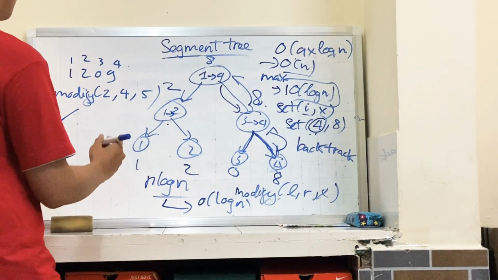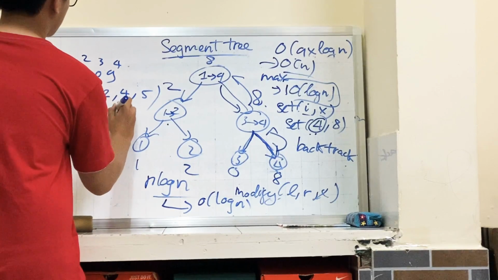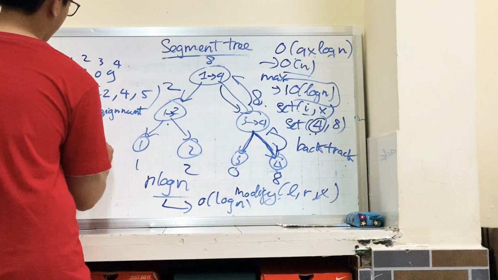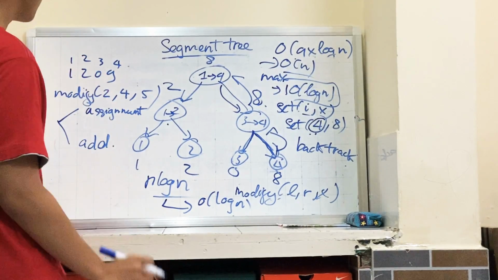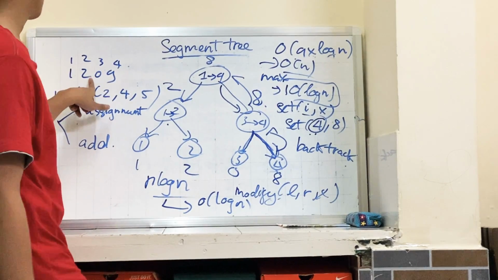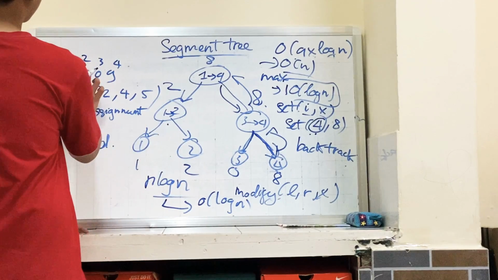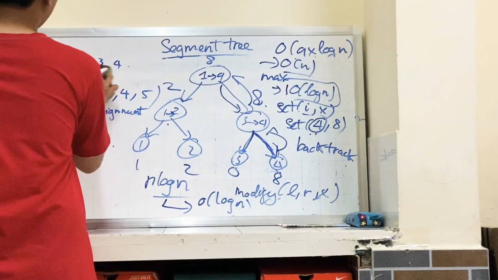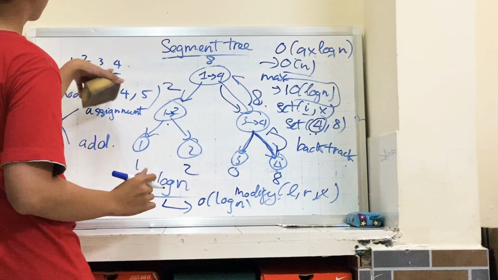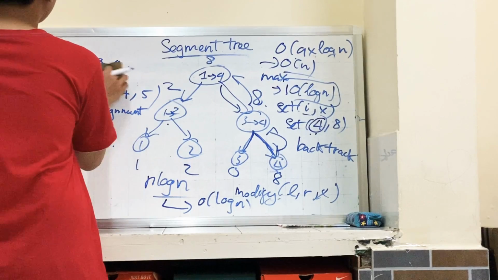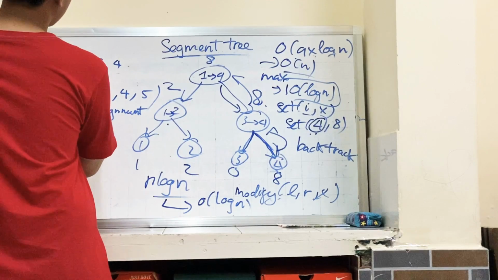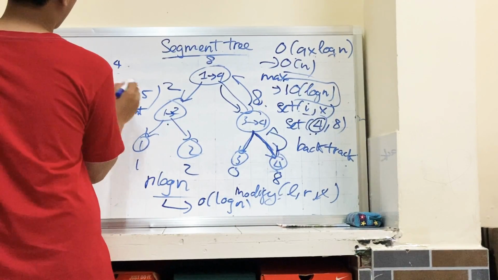The first way is assignment, and the second one is add. If we assign the interval from 2 to 4 to 5, it will become 1 5 5 5. If we add 5 to the interval from 2 to 4, the result will be 1, 7, 5, 14.